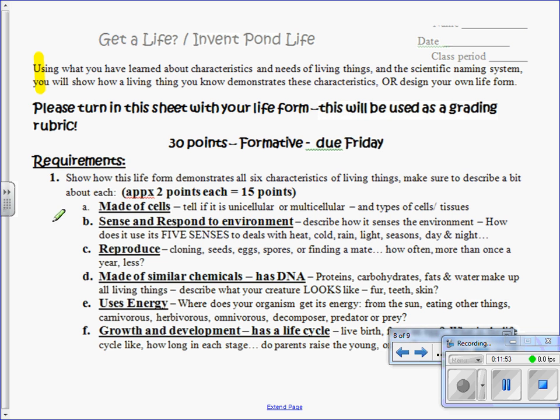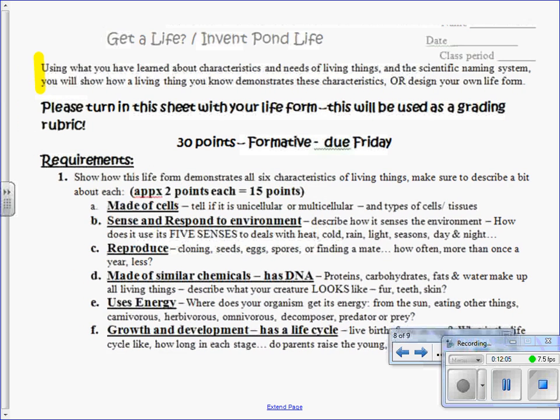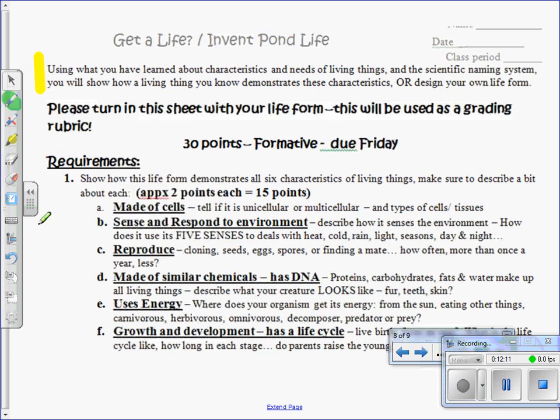So the requirements, you're going to show how the life form demonstrates all 6 characteristics of living things and describe a bit about each. So made of cells, obviously all living things are made of cells. As you're describing made of cells, basically you're just going to say, is it single-celled or multi-celled?